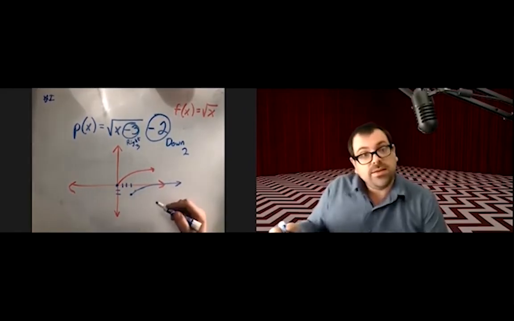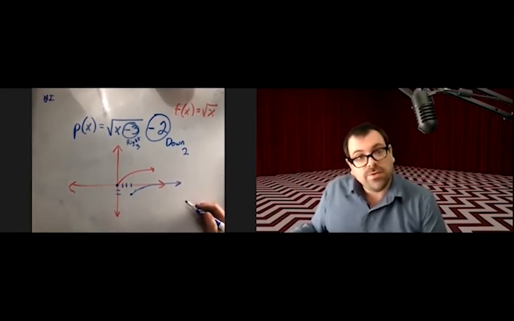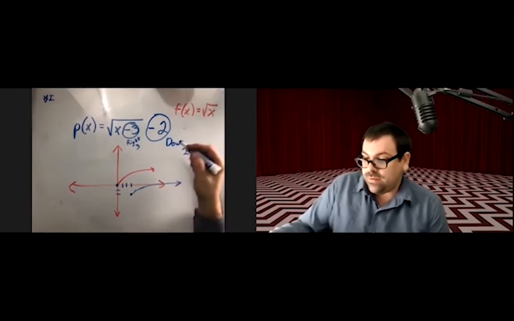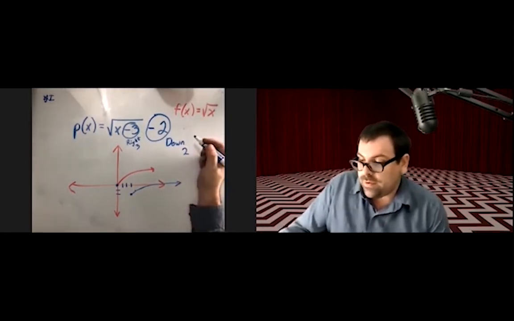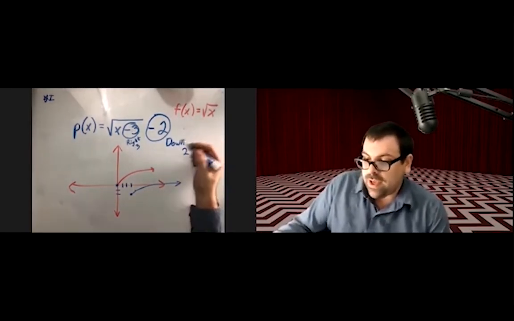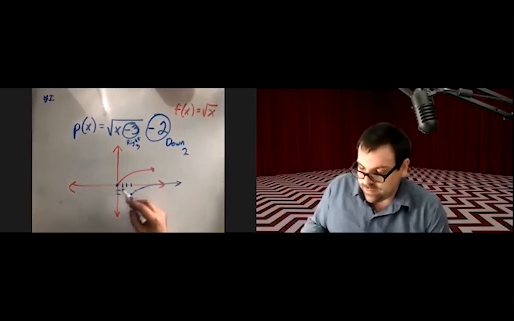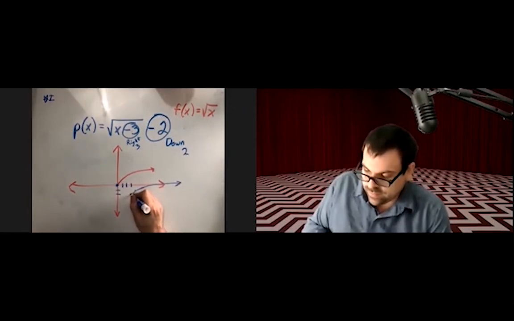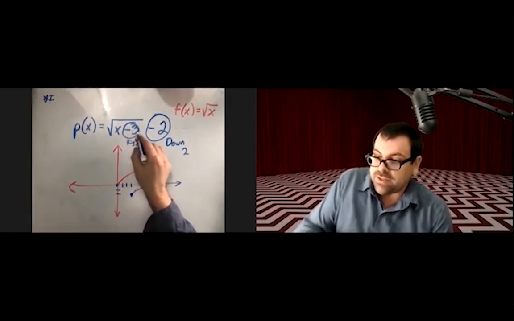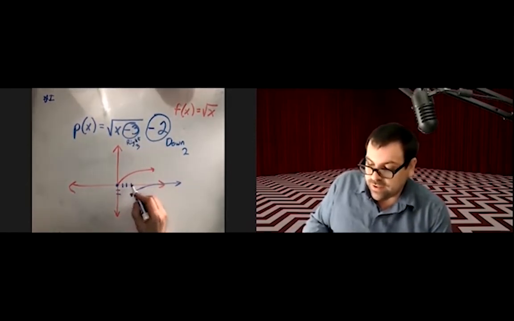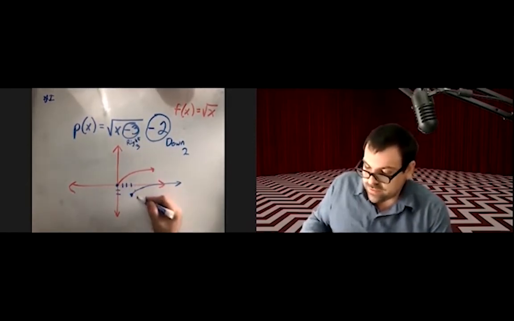It's like we take the parent graph and we subtract 3, minus 3. We move it to the right 3 and we move it down 2.